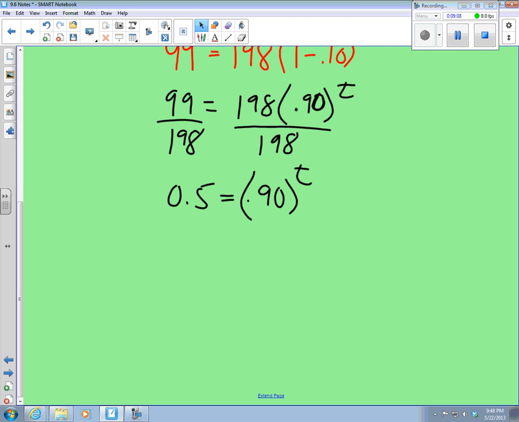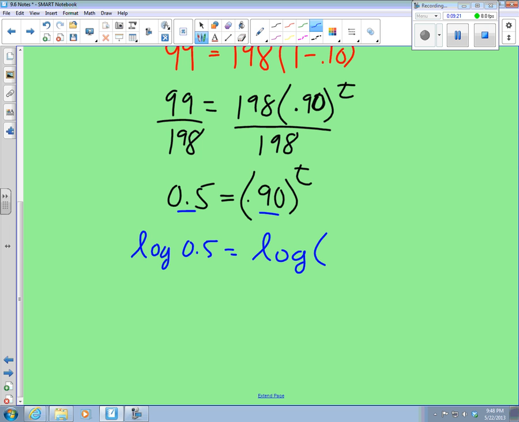And in order to solve this, they don't have the same base again. I've got 0.5 and 0.9, they're not the same. So I've got to use common log. So I'm going to take the common log of 0.5 equals the common log of 0.9 to the t power. Now, I have a log and I have an exponent in my expression, so I can bring that out over here and multiply it.